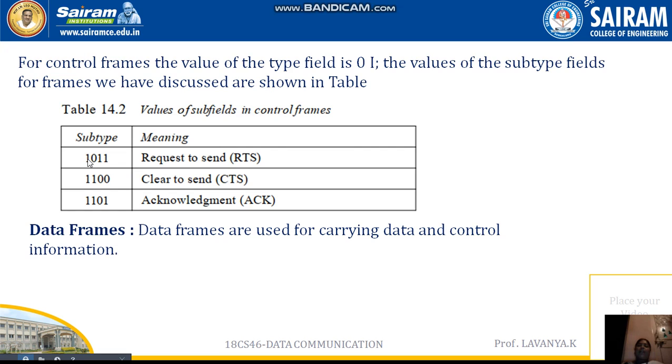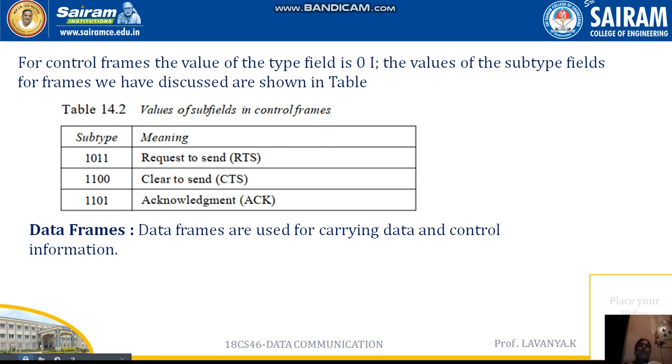If the value is 11, it tells the sender the request to send, meaning whatever request we are getting, we have to send to the destination. If the value is 13, the receiver has to send the acknowledgement back to the sender.